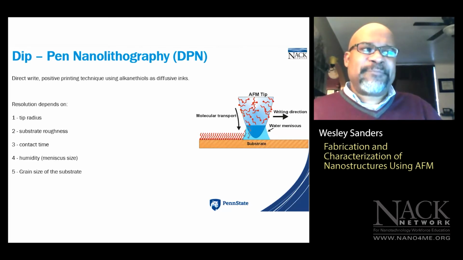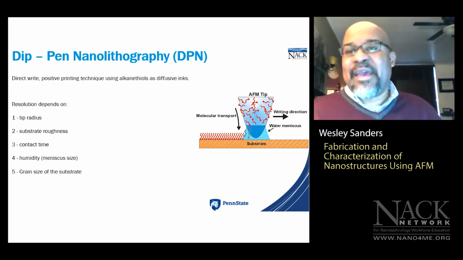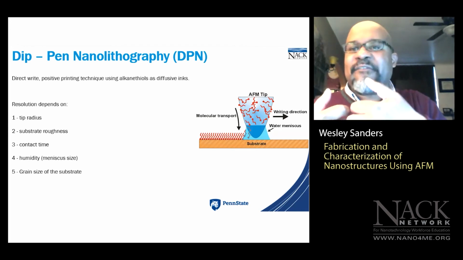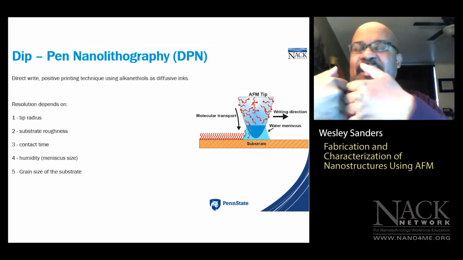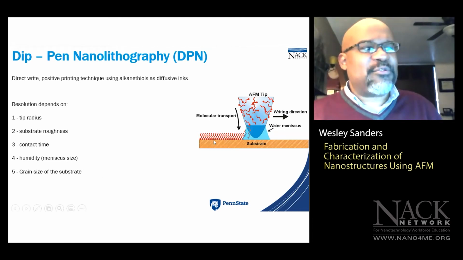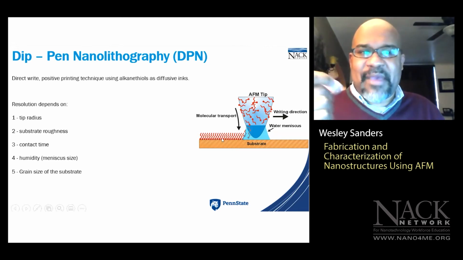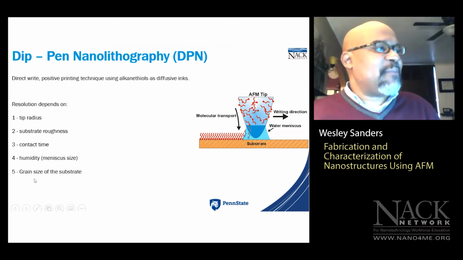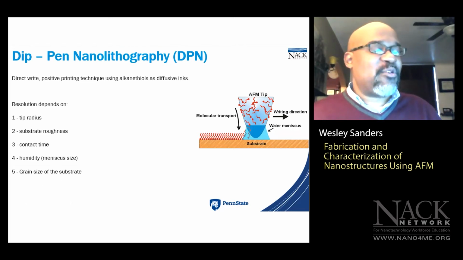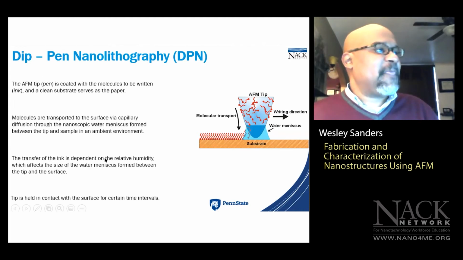When you do so, you have very, very few grain boundaries, and grain boundaries are basically the interface between two grains that have different orientations. These alkane thiol molecules really don't like to assemble on grain boundaries. So the fewer grain boundaries you have, the better quality image you'll produce with DPN.